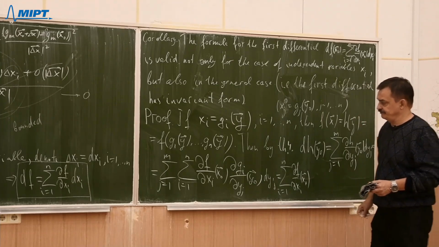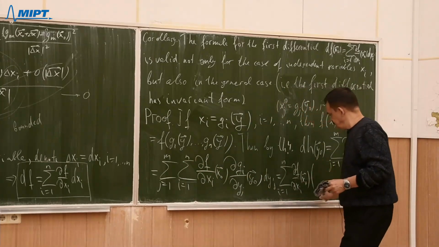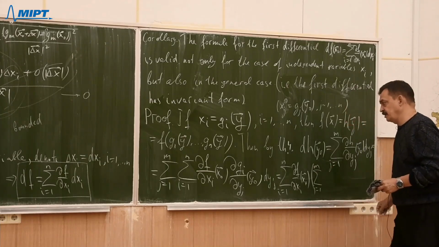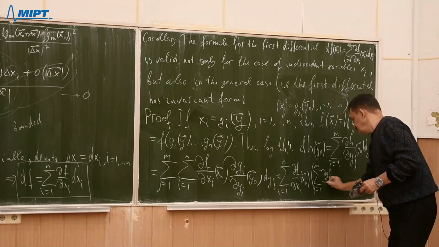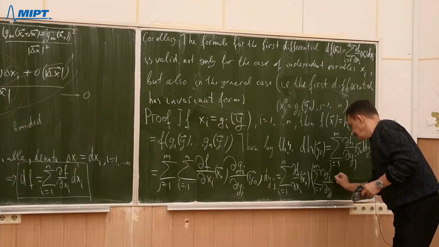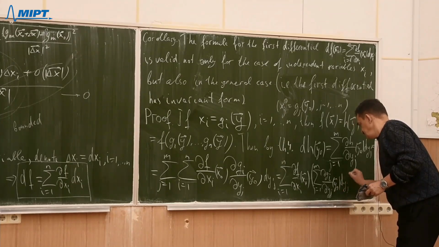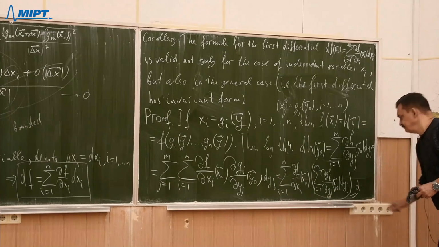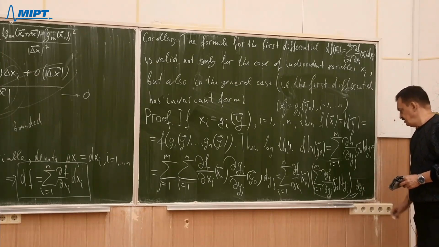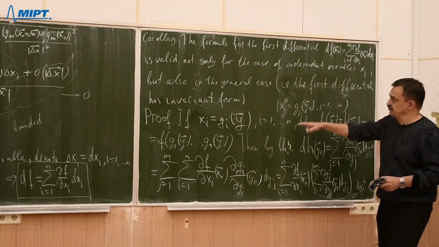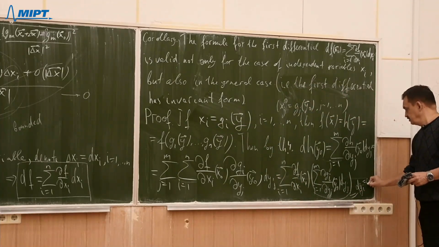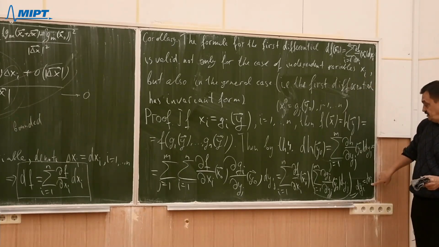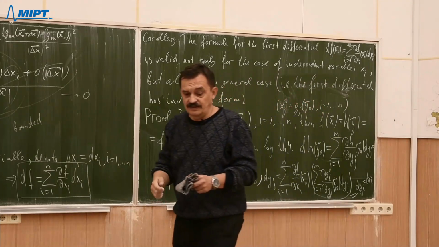And then in brackets, let me write firstly like that, the sum, j from 1 up to m, of the partial derivative of gi with respect to yj at y naught times dyj. But what we have in brackets is precisely the differential of the function gi, so we replace it by dxi. So once again, we have the same formula, but now dxi is the differential of that function. That's it.